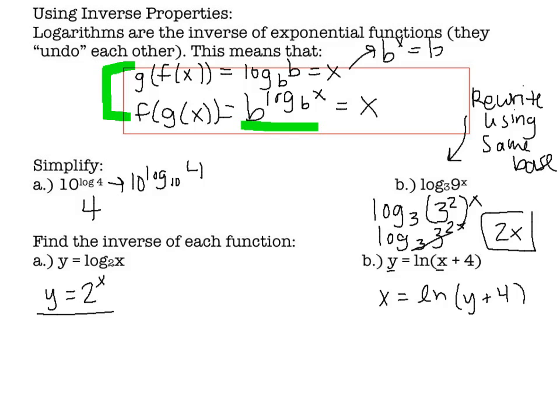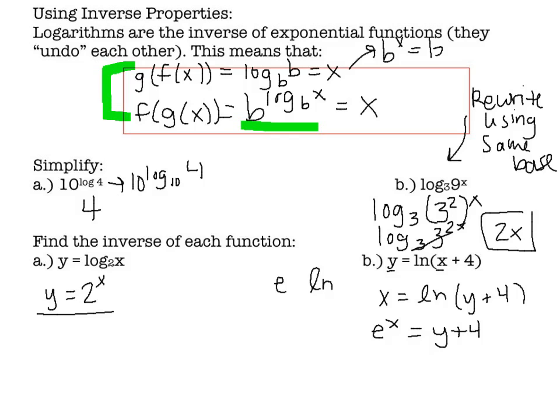So I could say e to the x power is equal to y plus 4. The reason I can say that is that e and natural log are inverse operations, or they undo each other, so they would cancel each other out.